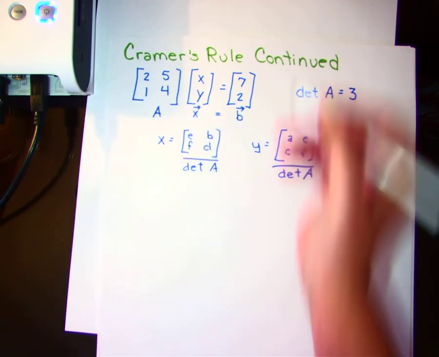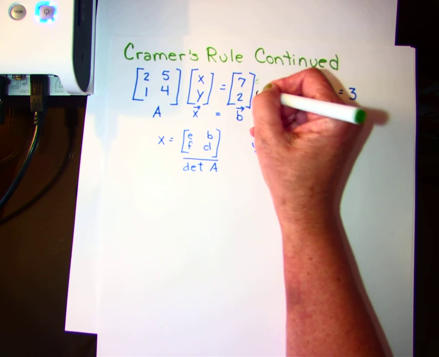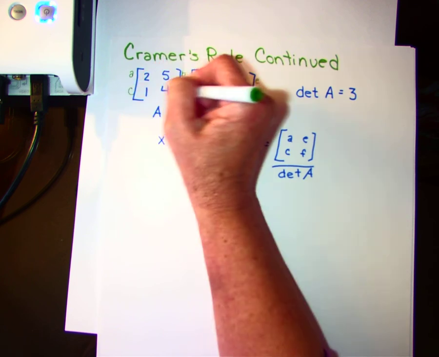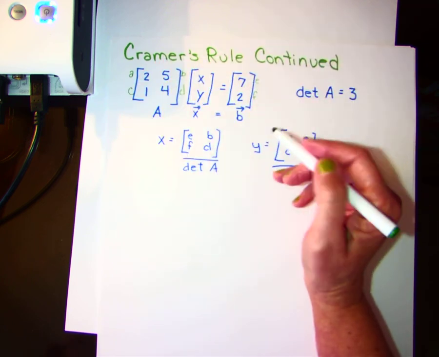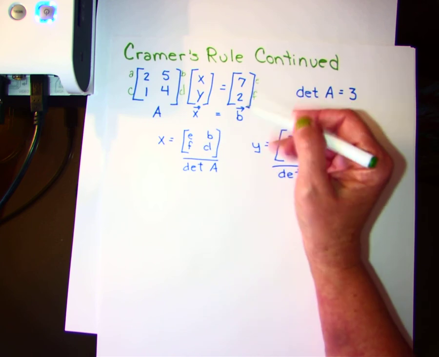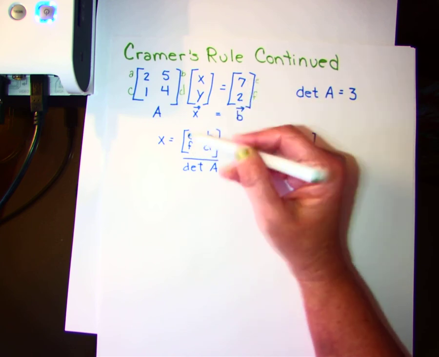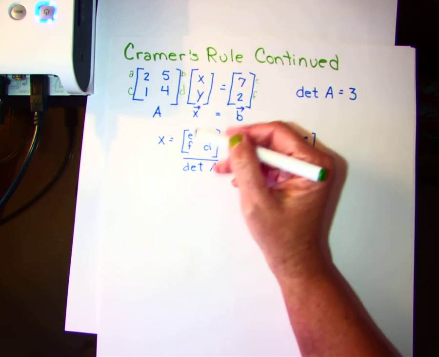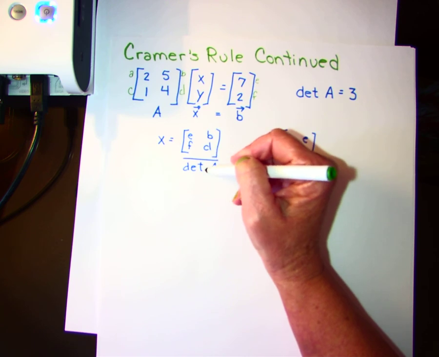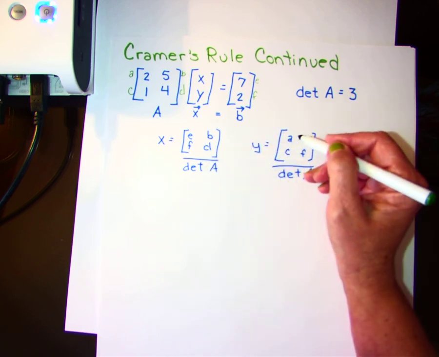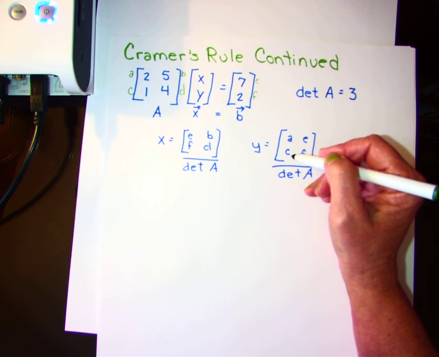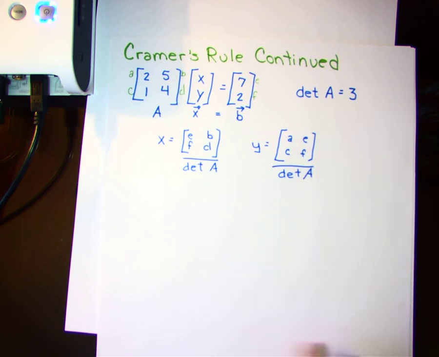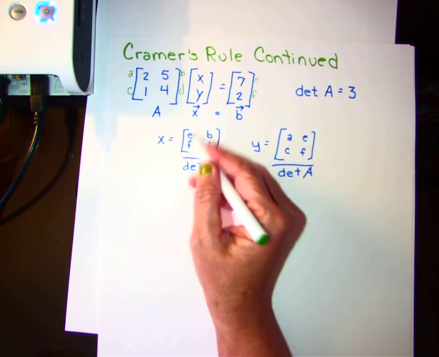What we're really looking at, remember, this is E here, this is F, this was A, B, C, D. So what we're doing is we take E F, which is the solution for X, we put that first, E F, B D is the Y. So we have the solution and the Y over the determinant of A. For the y, we have the x values, a and c, and then the solution over the determinant of A. Now let me show you how this works. What we do is we find the determinants of these.